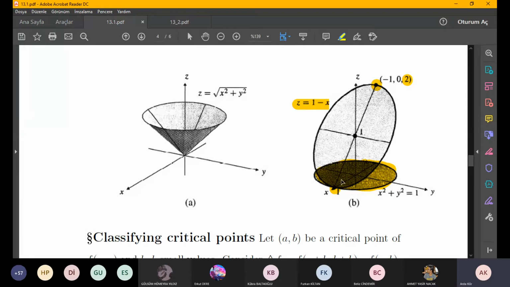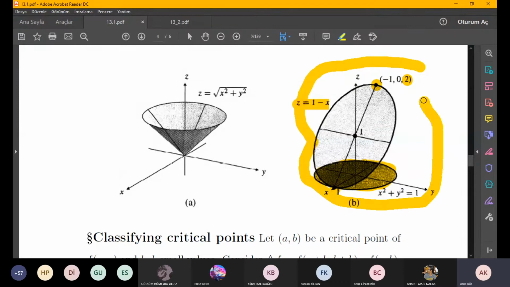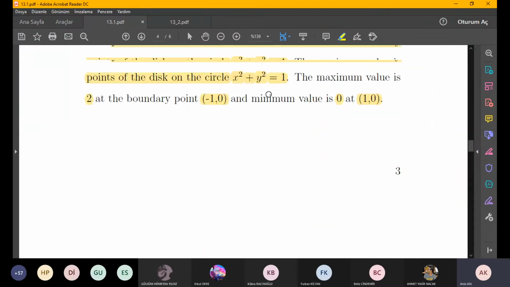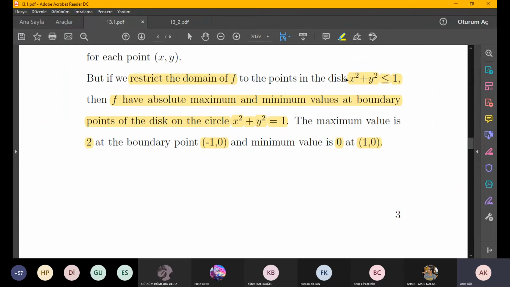So this is the restricted domain that I shaded yellow here, and this is the graph where it shows the absolute maximum and minimum on the domain.